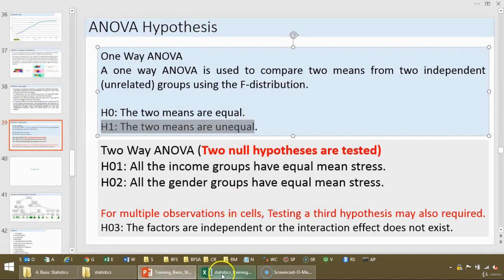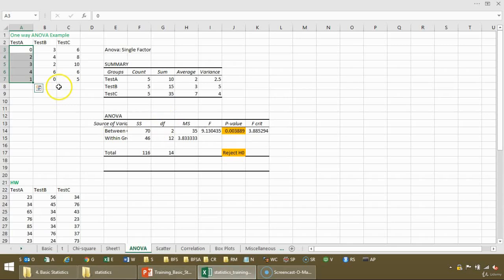So what is the business interpretation of this? Business says that the impact of these three tests is different. See, as of now, it does not say that A is different from B or C is different from B. It just says there is a difference.